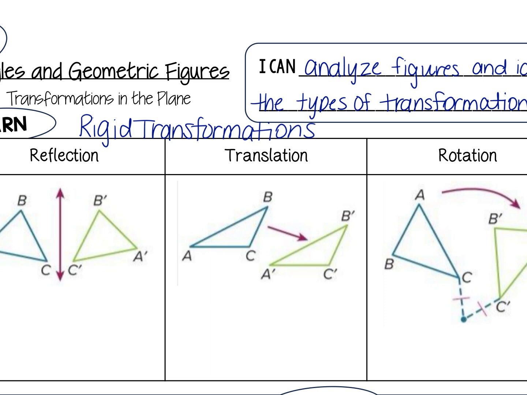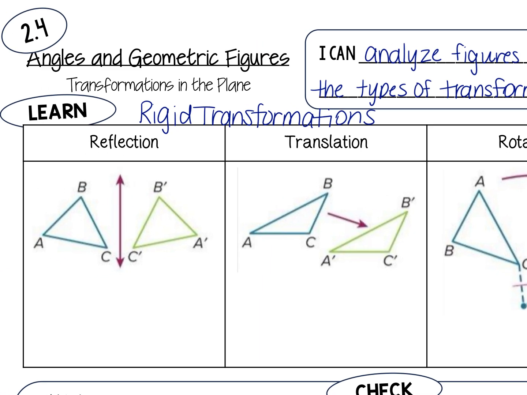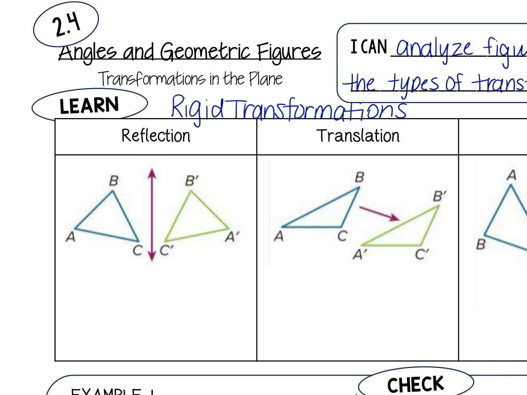All right, so we have a reflection. A reflection is just what it sounds like. This is what we call our pre-image, and this is our image, what comes after it's transformed, in this case reflected. So let's label that.